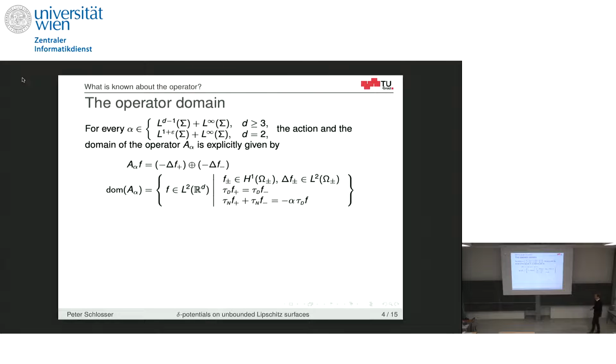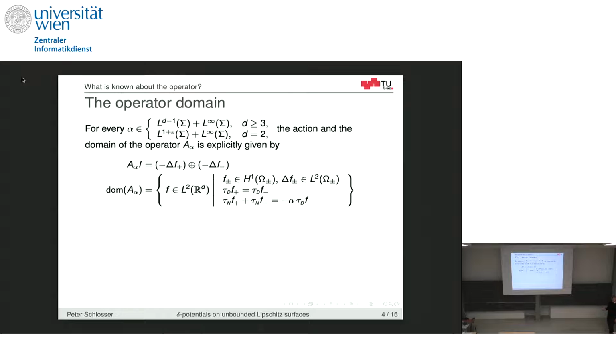You will see this notation later on more often. These are the usual boundary conditions for the delta case. So the Dirichlet trace is just continuous, and the Neumann trace has a jump in the order of the potential times the Dirichlet trace.